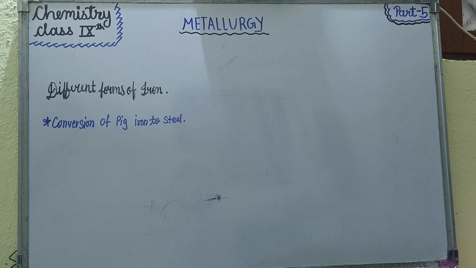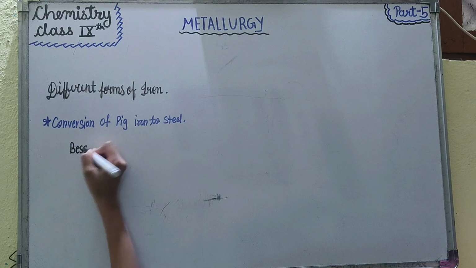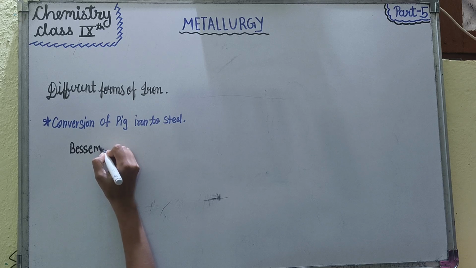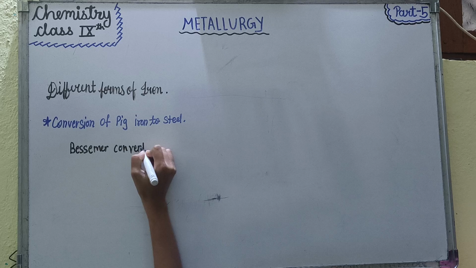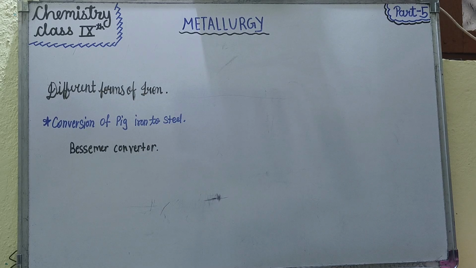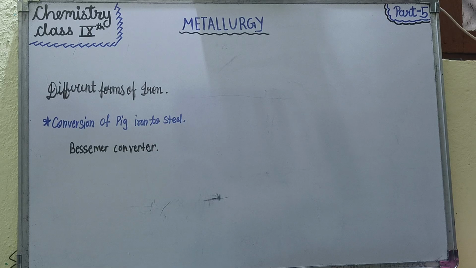The process is, first of all I'll write the spelling of Bessemer. Bessemer converter. In the process, the crushed iron ore is reacted with a reducing agent, usually at elevated temperature.